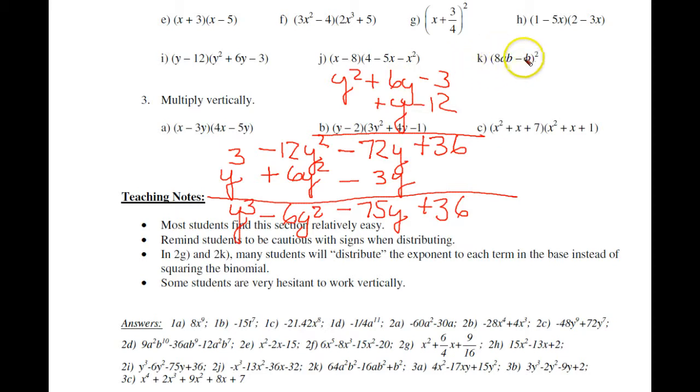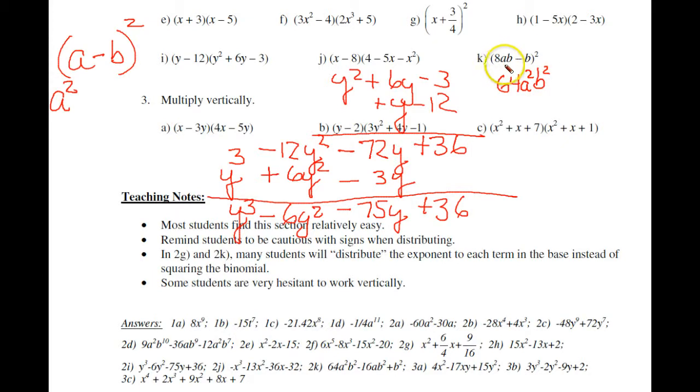And now we're going to try this method here again. So A minus B works the same, squared. We're going to square this first term. Now 8 times 8 is 64, A squared, B squared.